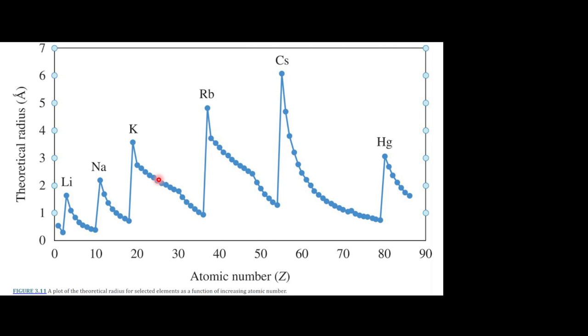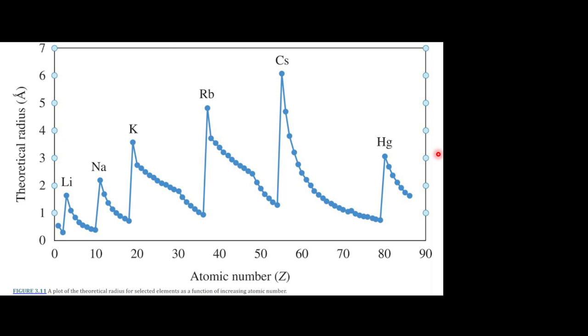All right, so these right here are actually the trend as it goes. And what we can see is this is the atomic number right here. This is your theoretical radius. And do you notice a trend here? What does that trend correspond to? Lithium, sodium, potassium, rubidium, Cs.